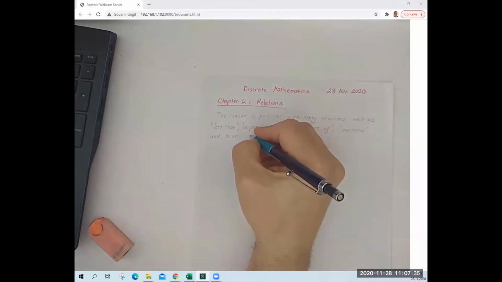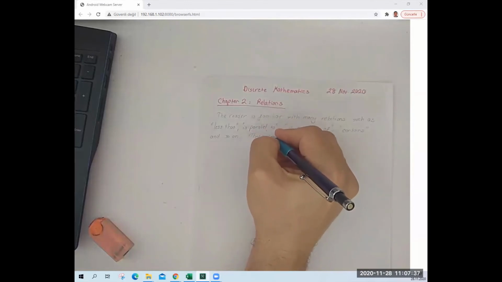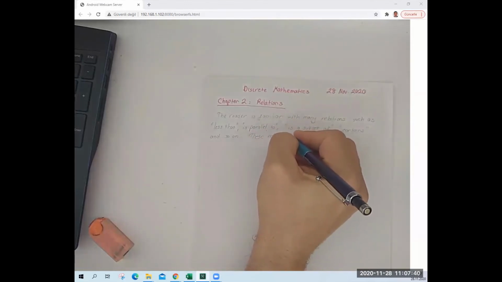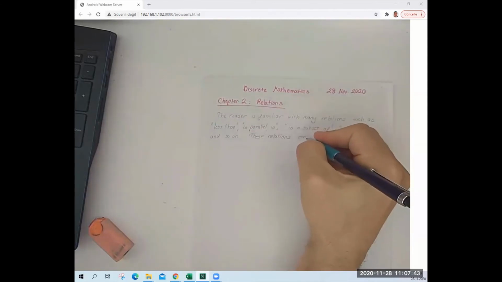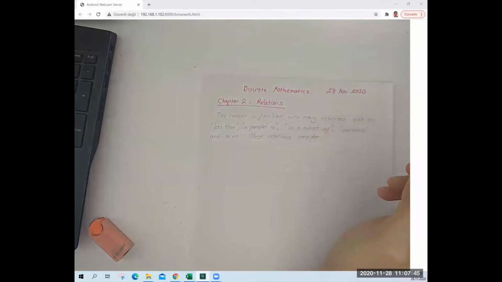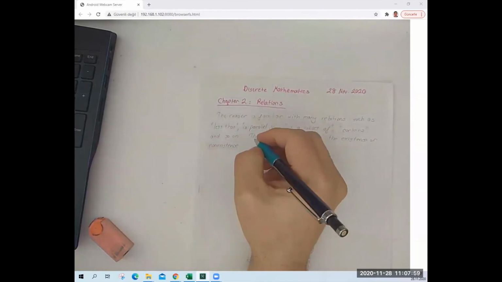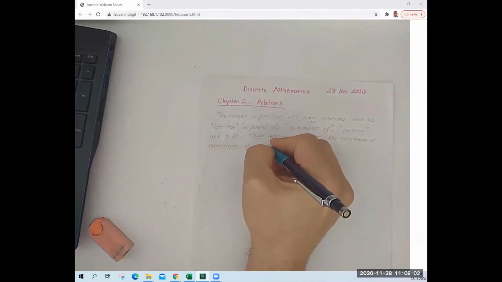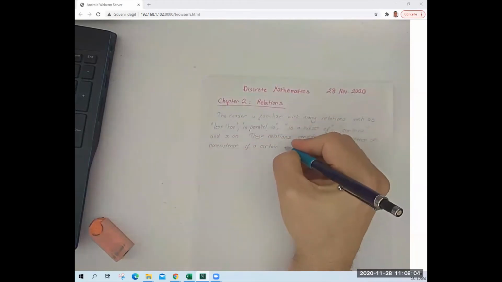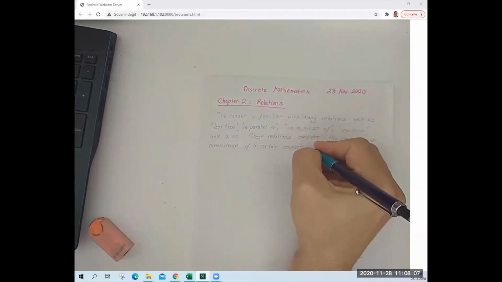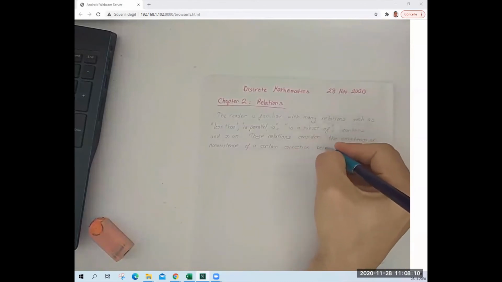These relations consider the existence or non-existence of a certain connection between pairs.